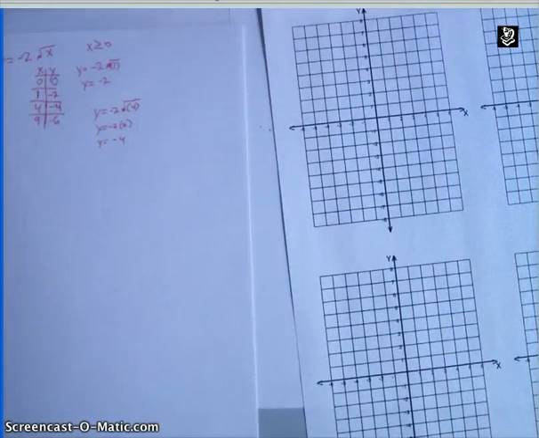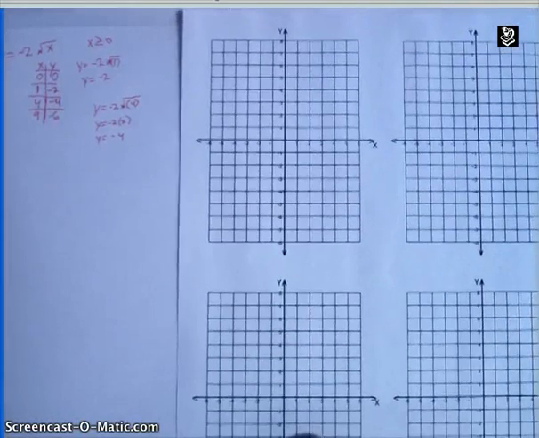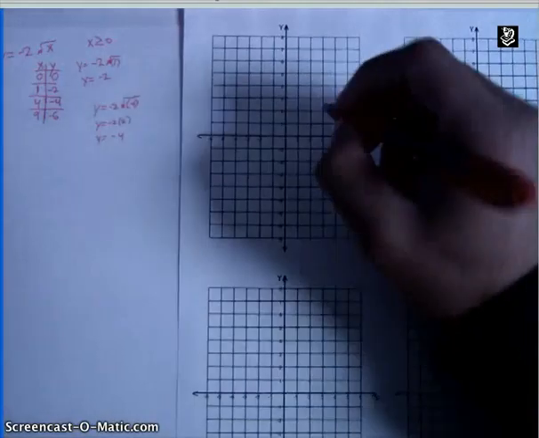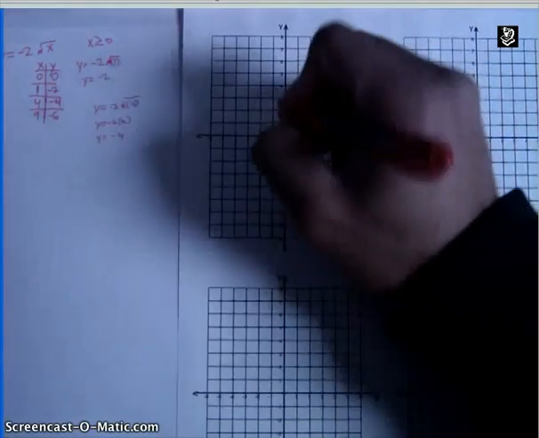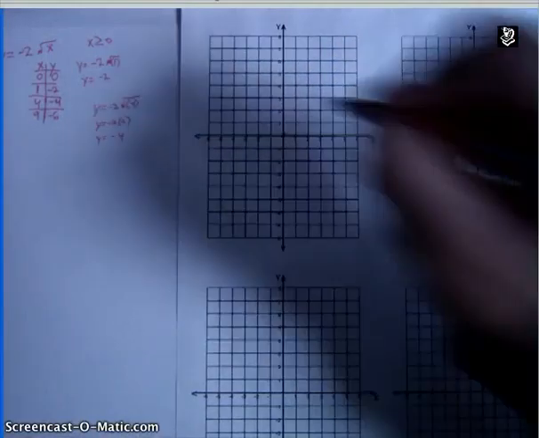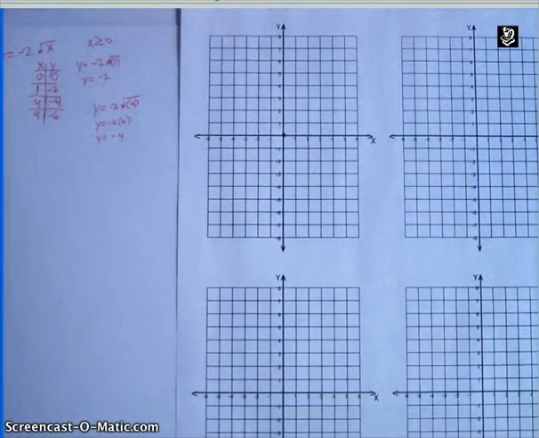So now we can go ahead and make our graph, which I'm going to do right here. Of course, I don't have 9 on here, so we're not going to put it on. We put a dot at 0, 0. Then we go to 1, -2.